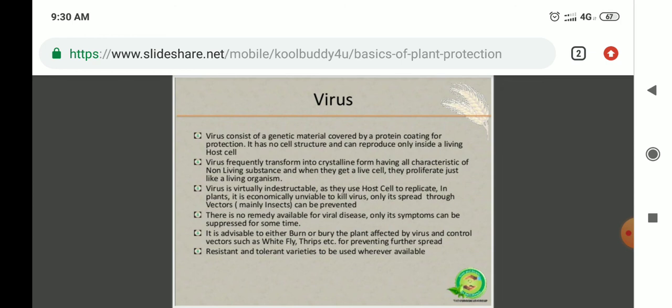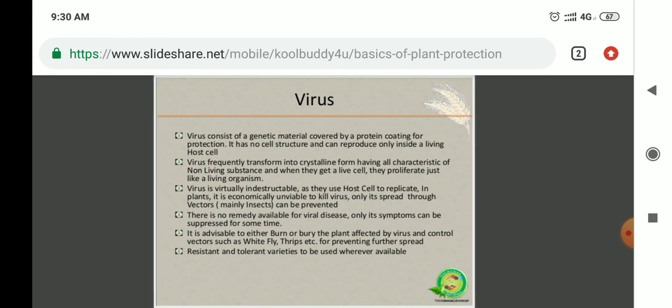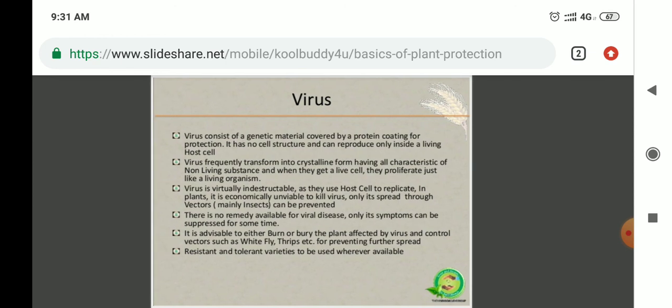Viruses frequently transform into a crystalline form, having the characteristics of a non-living substance, and when they get into a live cell they proliferate just like a living organism. Viruses are virtually indestructible as they use the host cell to replicate in the plant. It is economically unviable to kill the viruses. Only their spread through vectors, mainly insects, can be prevented.